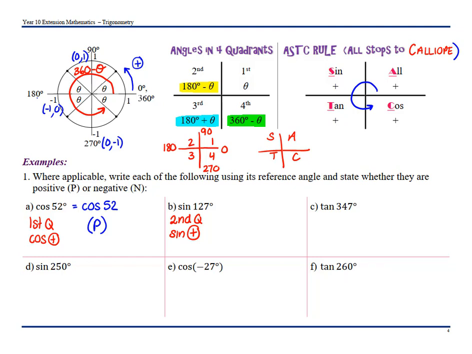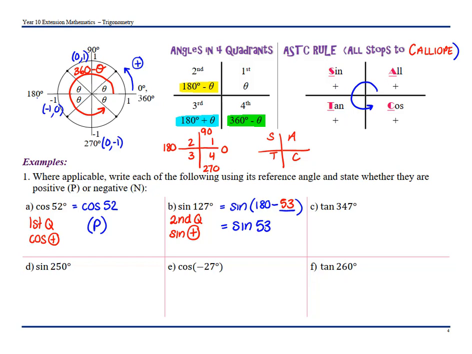So in our second quadrant, we want to write it in terms of 180 minus our angle. Now 180 minus what gives us 127? That's 53 degrees. So that means I can rewrite this, because it's still positive, as sine of 53.